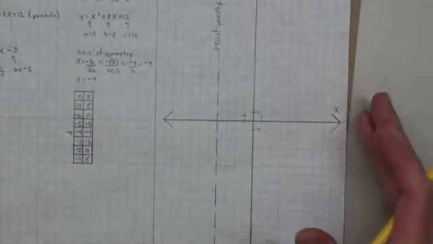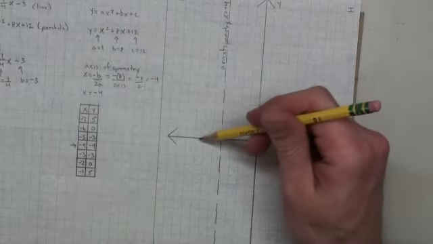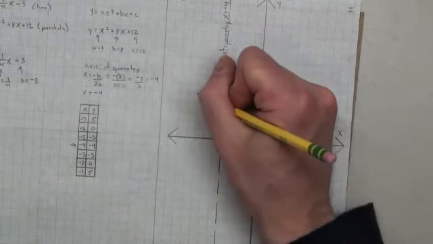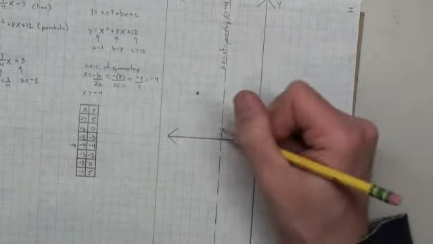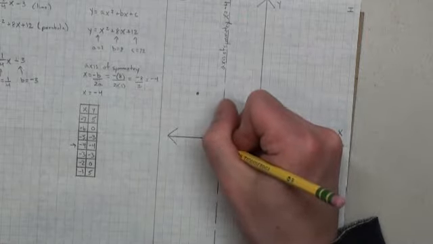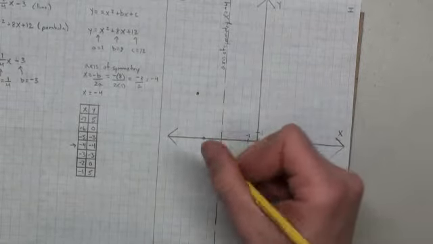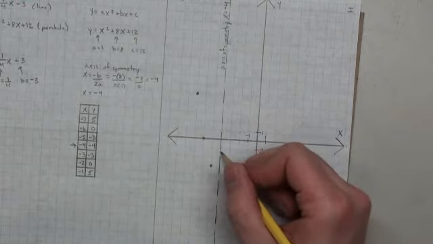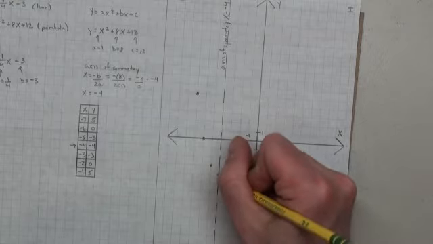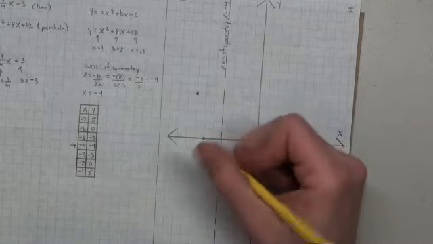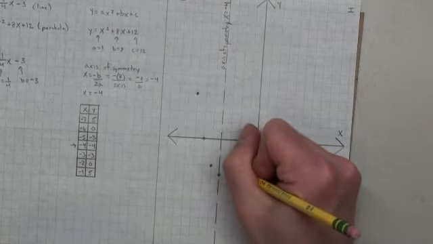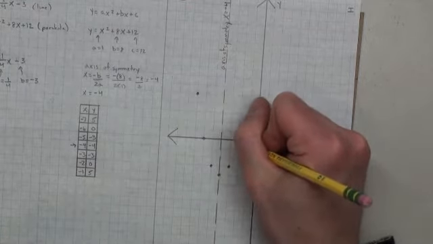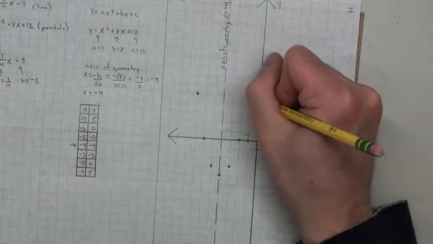So, let's plot our parabola. -7, 5. -6, 0. -5, -3. -4, -4. Here's our turning point. Now we're going to head back up. -3, -3. -2, 0. And -1, 5. All right, so here's our parabola.